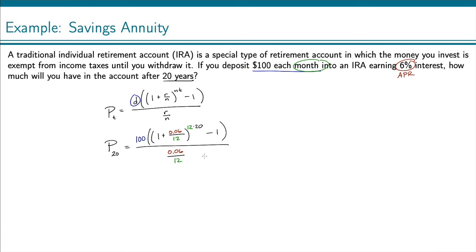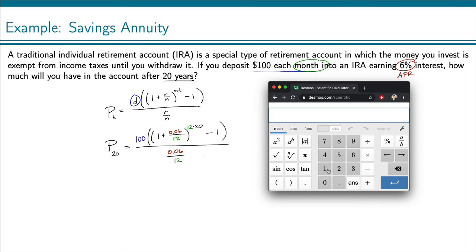All right, so lots of things going on in this equation, but we can now just plug that into our calculator. So we've got 100 times, and be very careful with your parentheses.